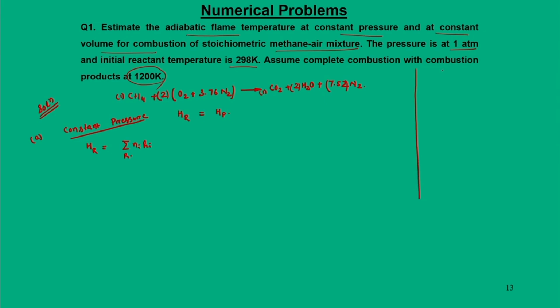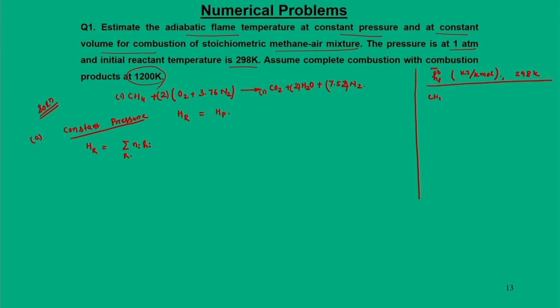What is the data requirement? We need to find the enthalpy of formation, in kilojoule per kilomole, which we have to calculate for the initial condition at 298 Kelvin, because you need the summation.